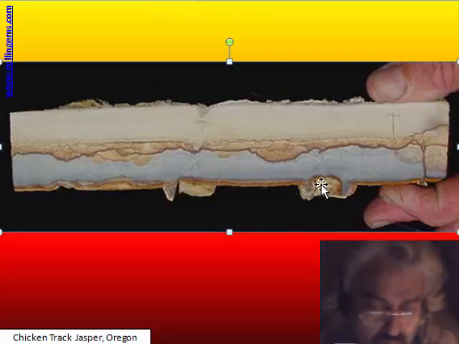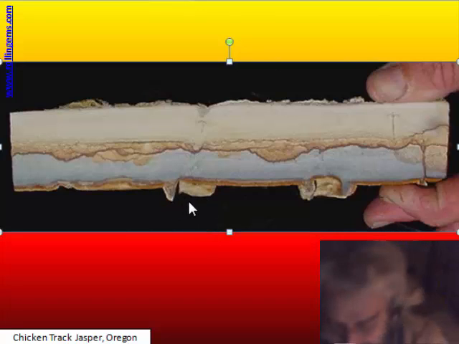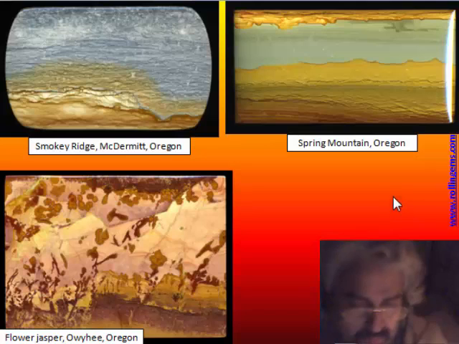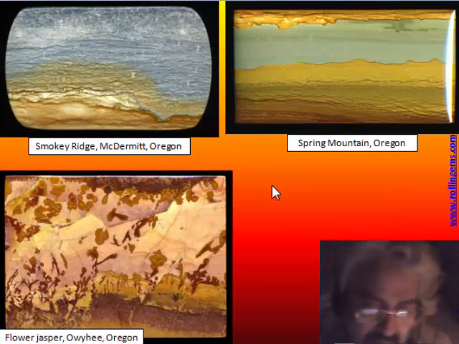So when you have the block, this look like a chicken track, and is a way for understand the polarity of the bed, because the track are the filling of the fracture, so are under the base. And this is a group of cabochon of landscape Jasper.